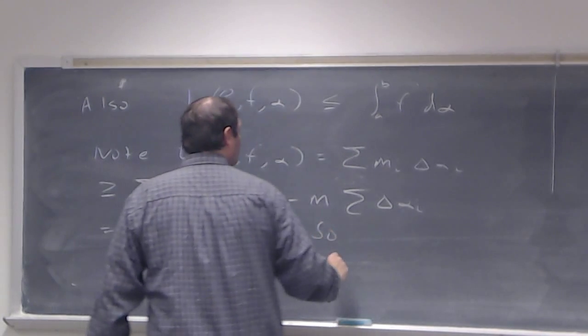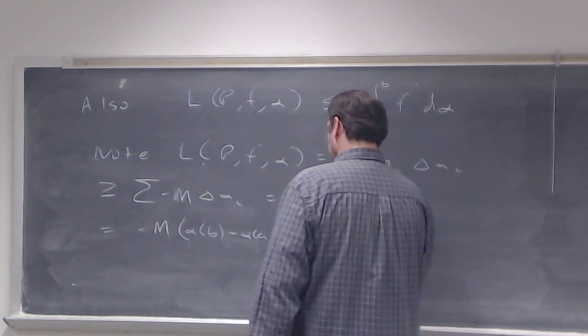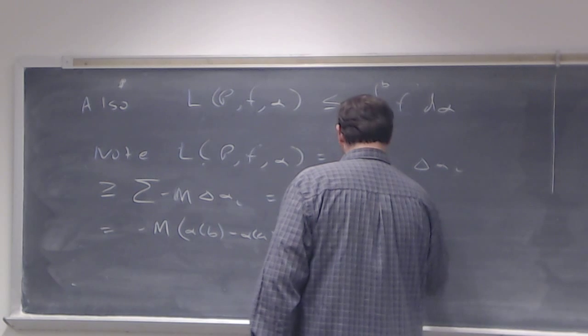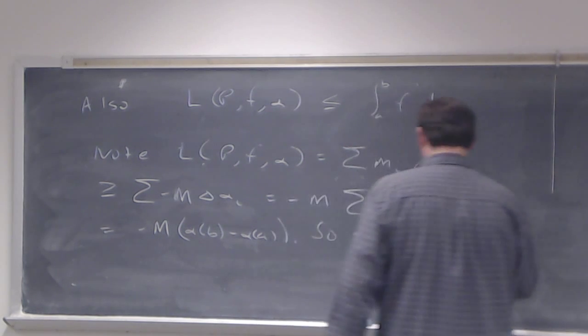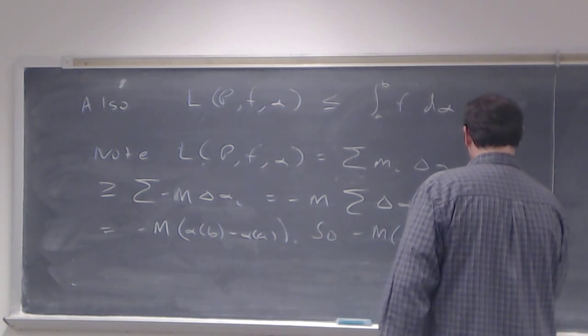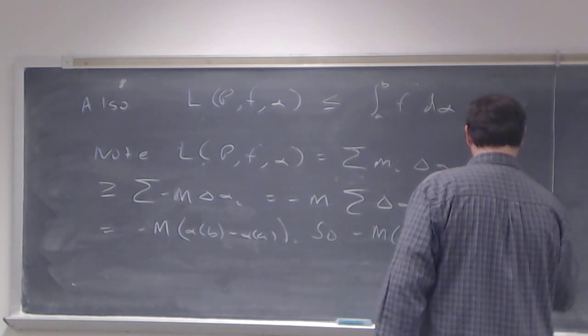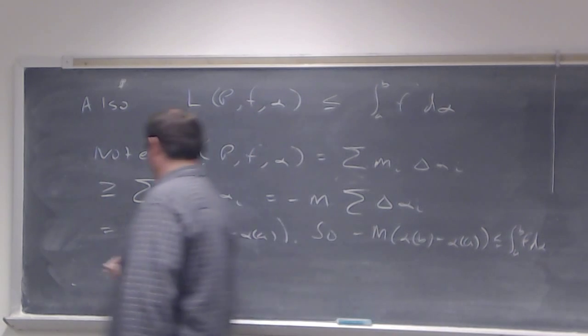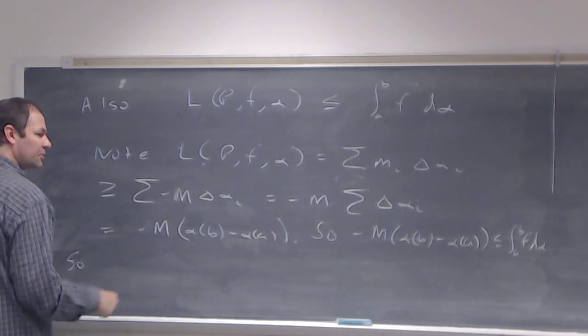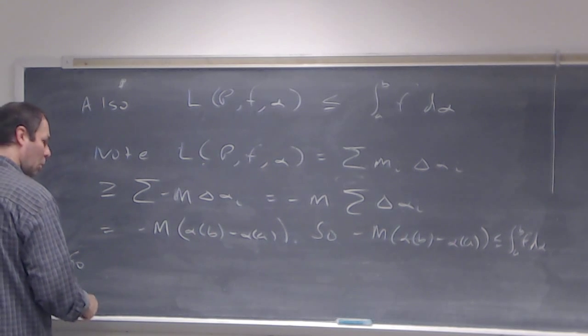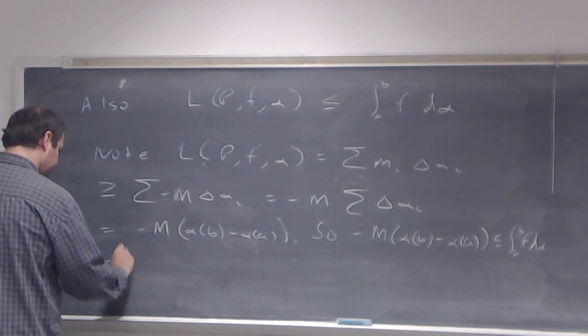And so what we just found out is that minus M times alpha of B minus alpha of A is less than or equal to the integral from A to B of f d alpha. So, combine that inequality with the inequality we had on the other side of the board, we have this.